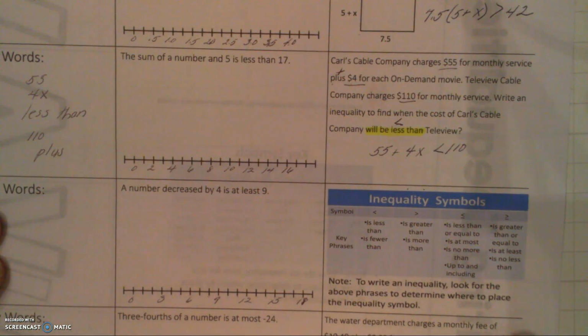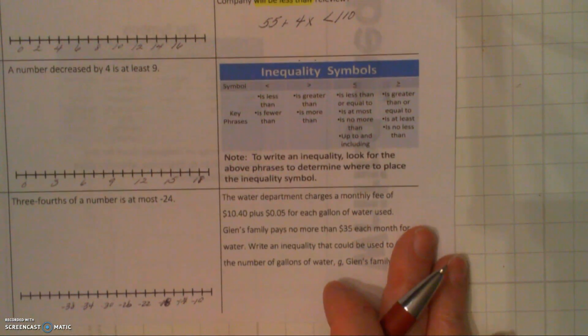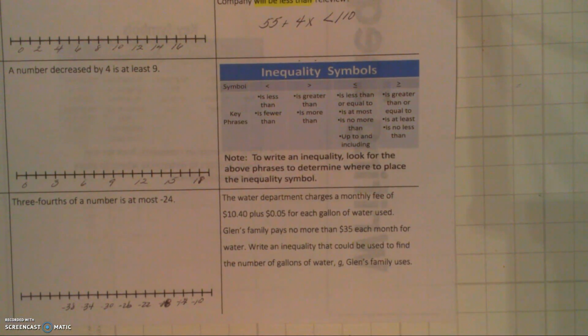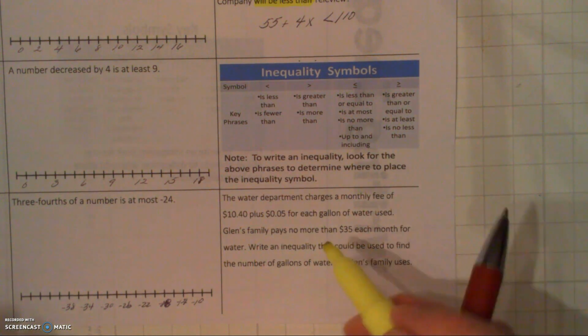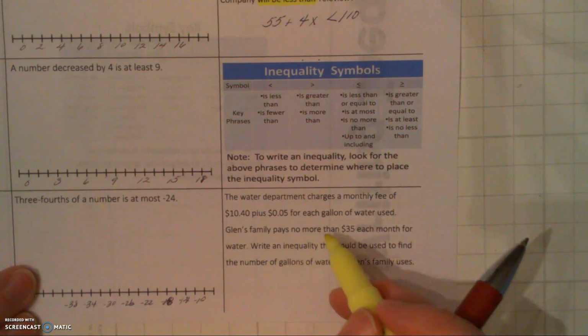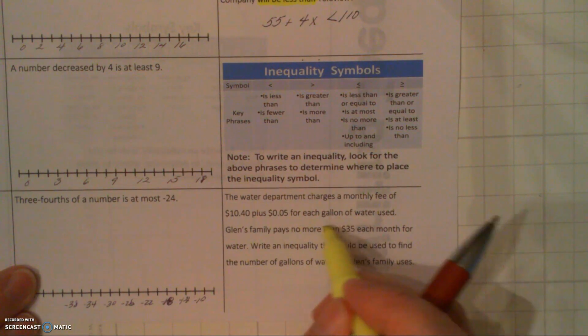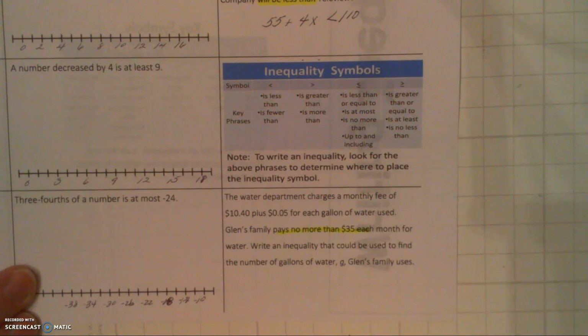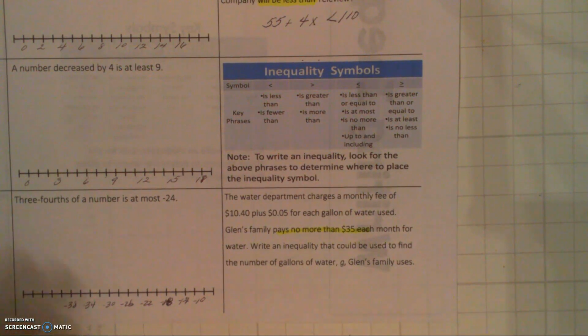Okay? Now if we go down to the last one here, the water department charges a monthly fee of $10.40 plus 5 cents for each gallon of water used. Glenn's family pays no more than $35 each month for water.